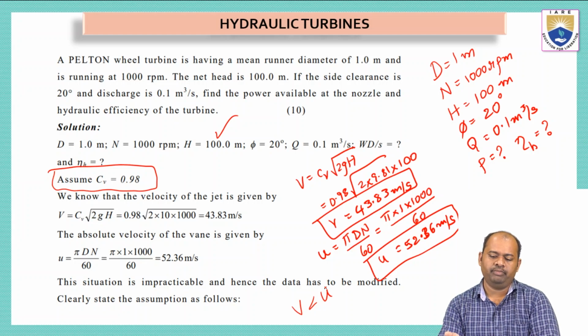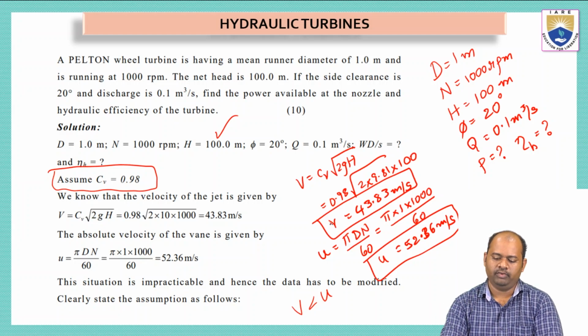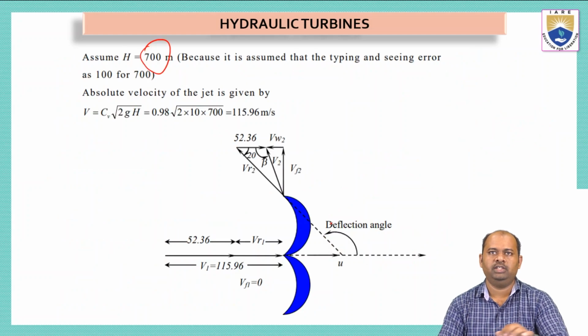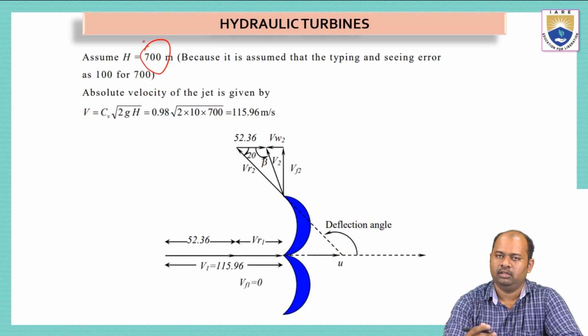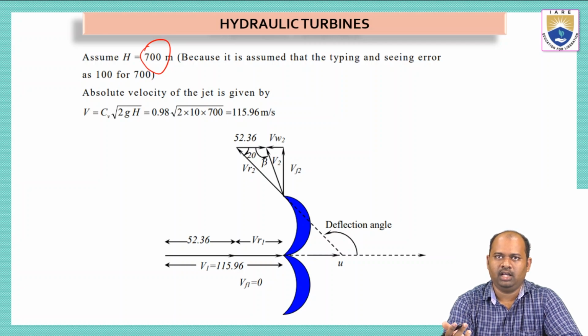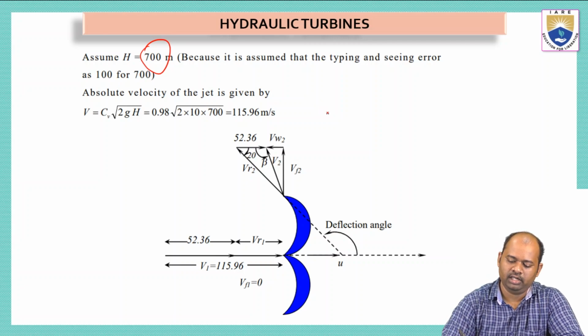But here when we compare the velocity of the water and the velocity of the turbine vane, the turbine vane is moving very fast when compared to the velocity of the water. So that is why we have to modify some assumptions, like H is taken as 700 meters because it is showing some error, and absolute velocity can be modified accordingly.